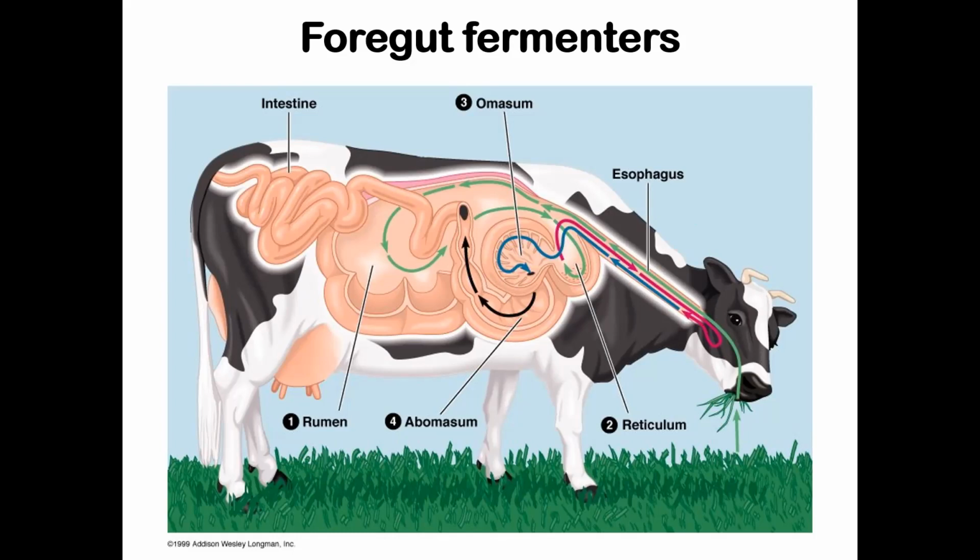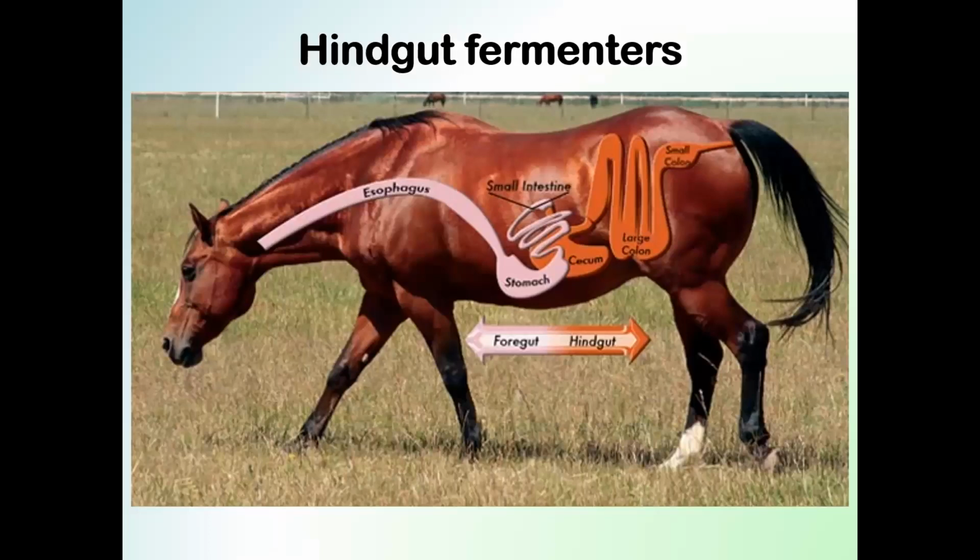That's called foregut fermenters. And the fermentation produces a lot of gas, mainly methane. And in New Zealand, they have a tax on the number of cows for the amount of methane they produce. Horses have a hindgut like us.